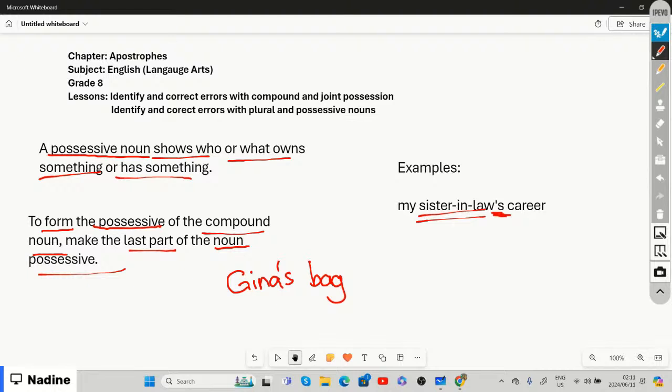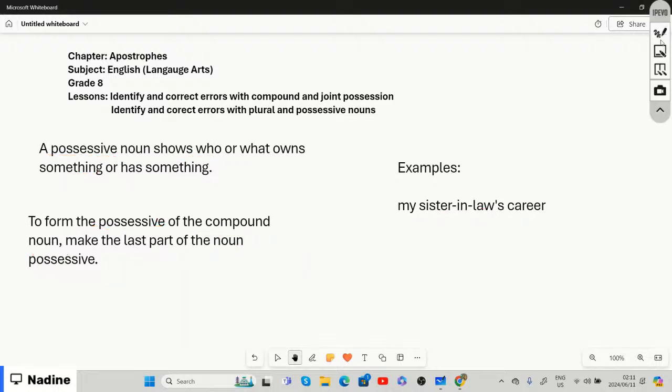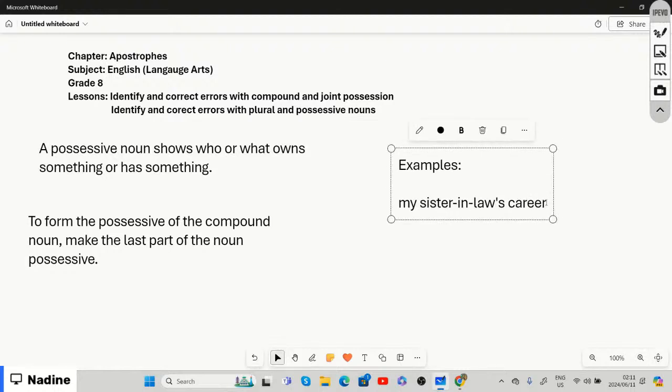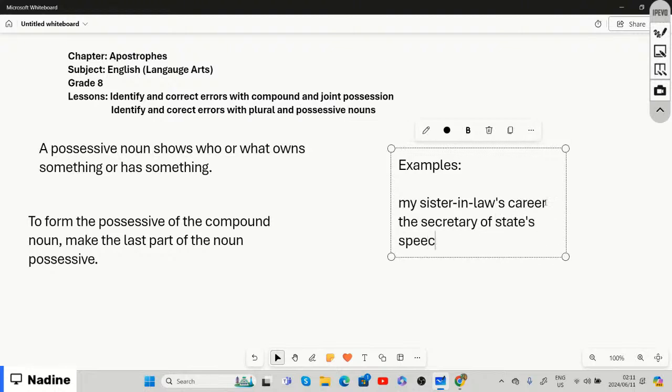If we look at another example, we can say the Secretary of State's speech.